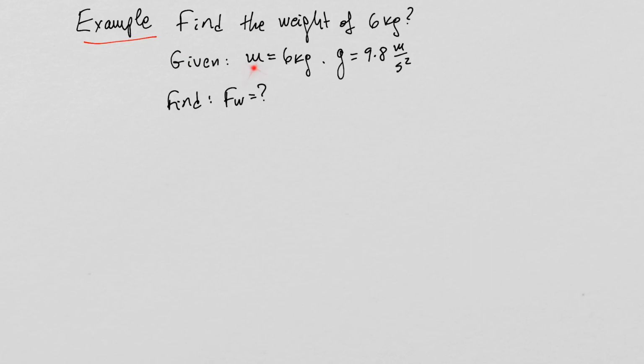So we know the mass, it is 6 kilograms, and even though the gravitational acceleration value is not stated, we know the value of that, and that is 9.8 meters per second squared. And what we are looking for is the weight of this mass, Fw. By definition, the weight Fw is equal to the product of the mass of the object times the gravitational acceleration of Earth. Now I will substitute the known values in the formula to find the answer to this question.